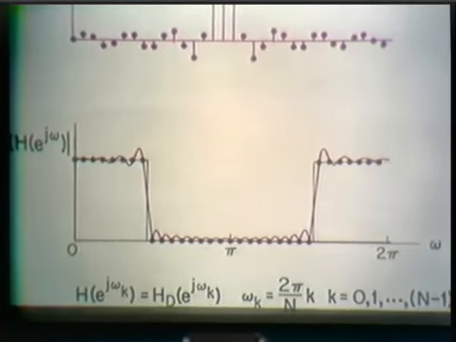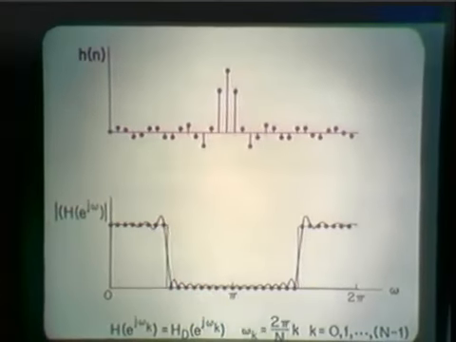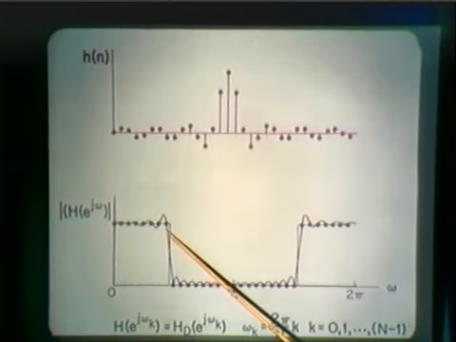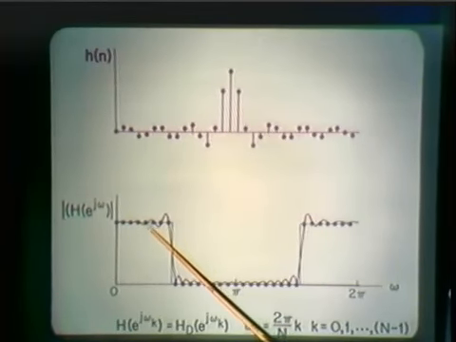So, in fact, for one example, if we chose this as the unit sample response corresponding to this set of frequency samples, the resulting frequency response of the finite impulse response low-pass filter would be as we've indicated with this continuous curve.